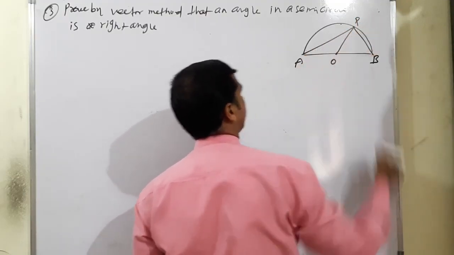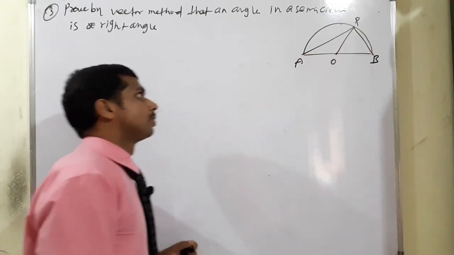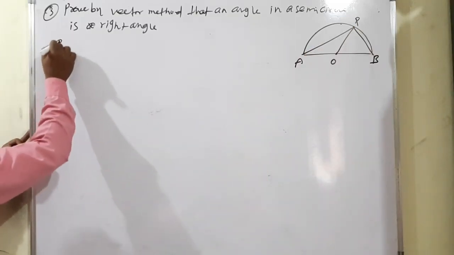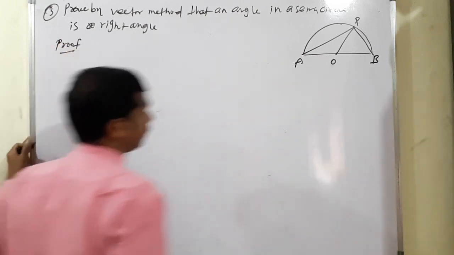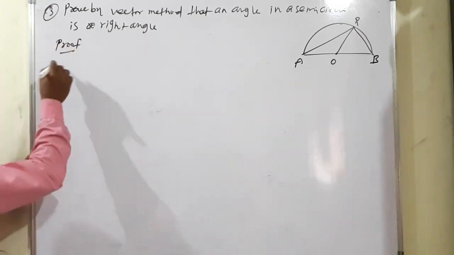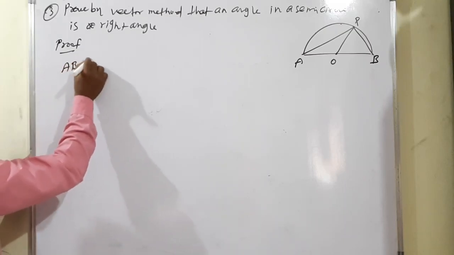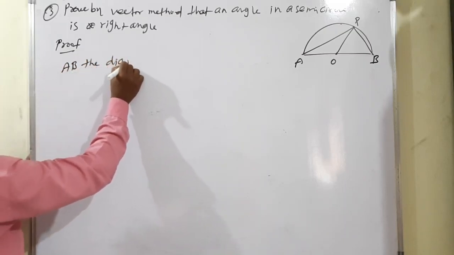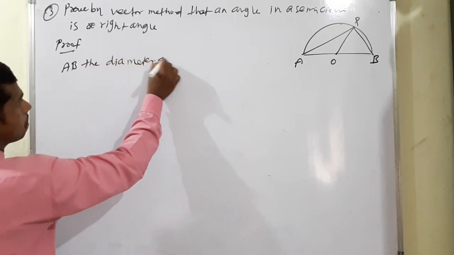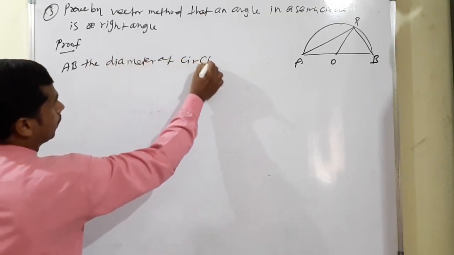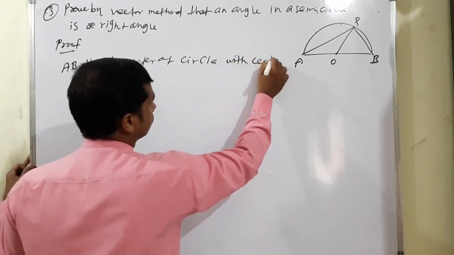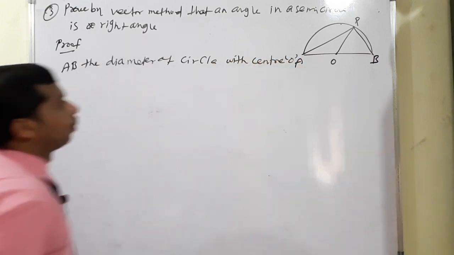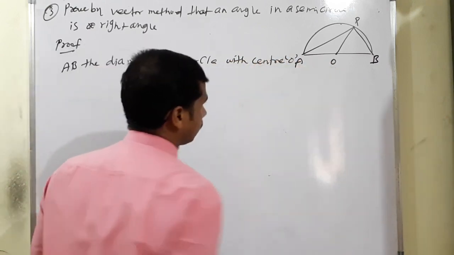Now look there. So proof of the line. Let AB be the diameter of the circle with the center O. Okay, with the center O, no? The first condition.